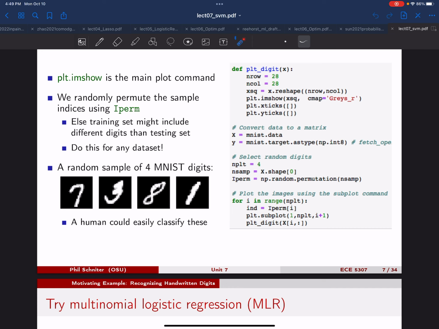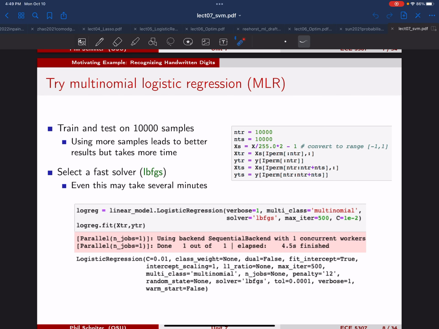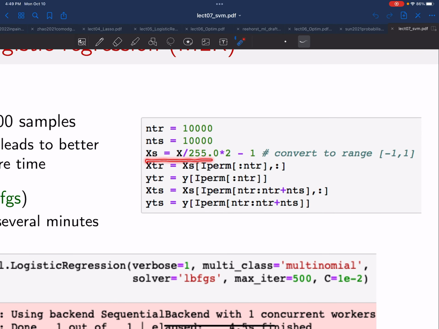So we really want things to be maybe centered around 0 and have a smaller range. How essential that is, I'm not actually sure. I mean, we could do a little experiment, but what we're doing here is basically we're going to divide by the largest value, 255, multiply by 2, which will make the largest value 2, and then subtract 1. And now we know that all of our pixels will be in the range from -1 to 1.